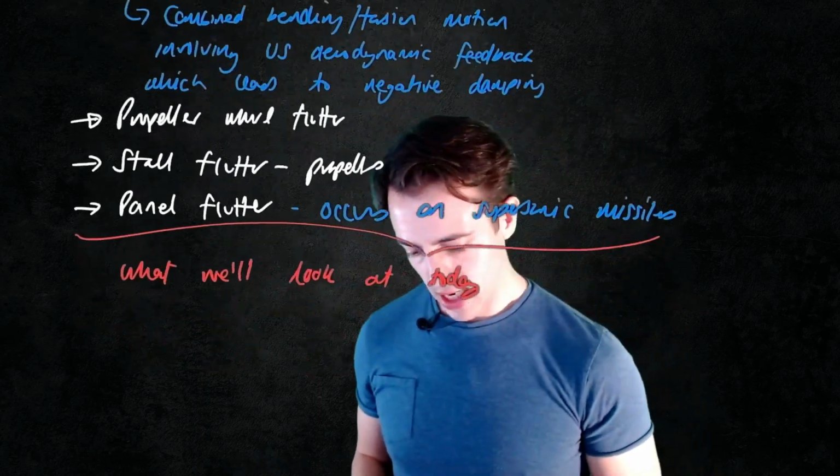And to do so, we need an aerodynamic model. We need not just an aerodynamic model, we need a mathematical model for all of these things. So I'm going to introduce some Lagrangian mechanics that will help us understand how to do this.